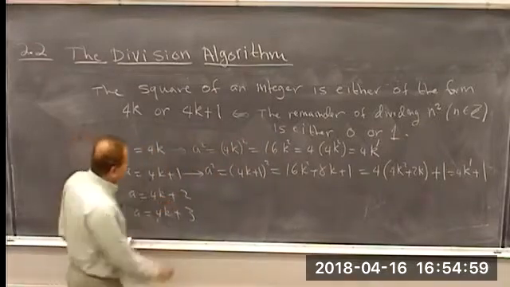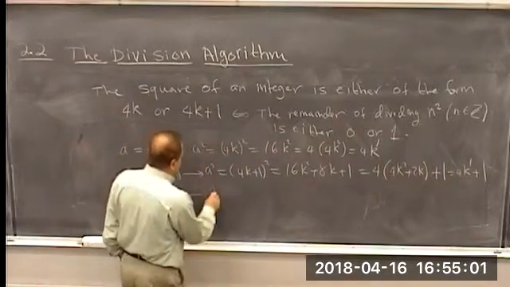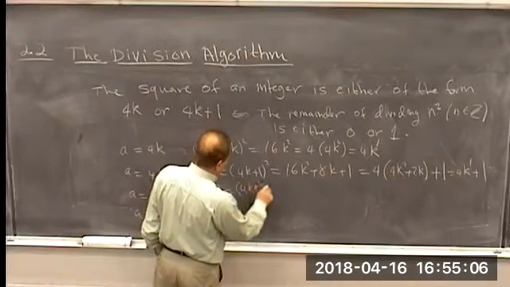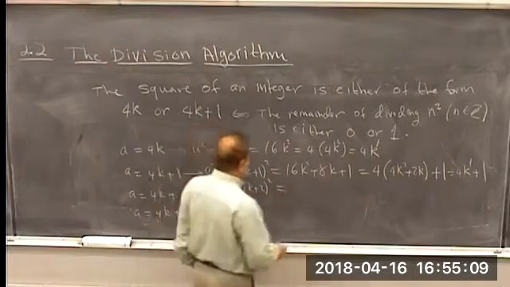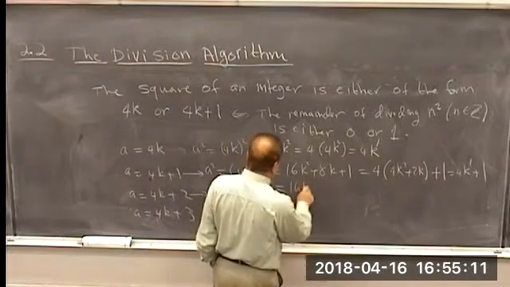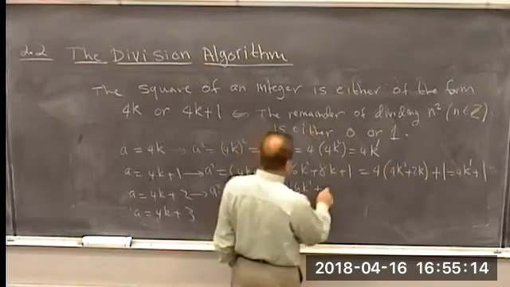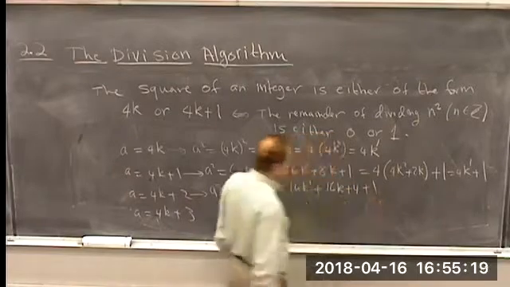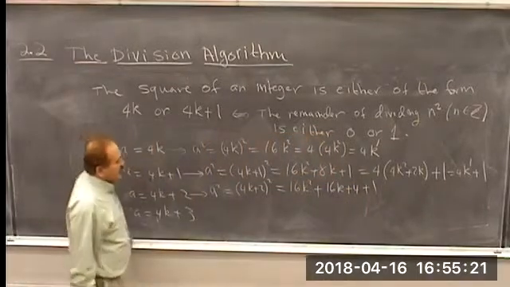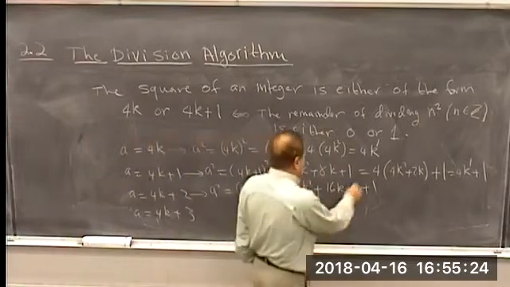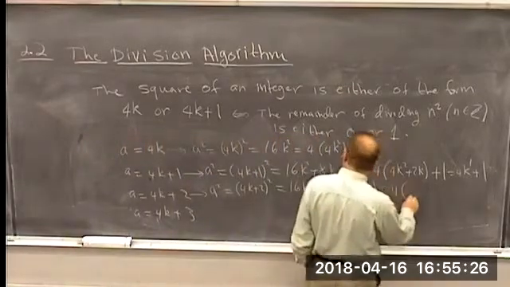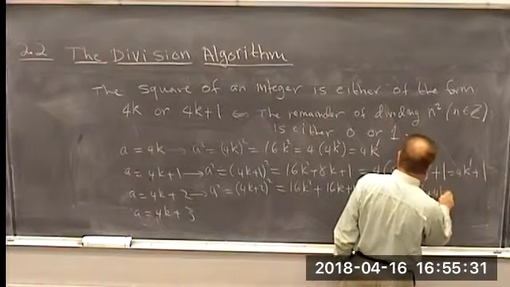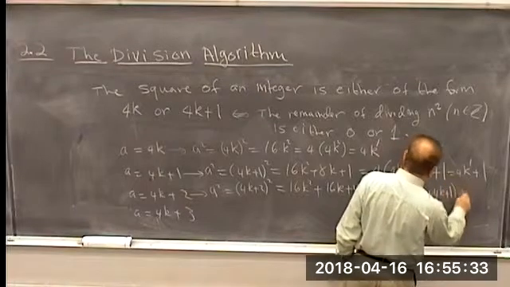When it is like this, let's see what it produces. (4k plus 2) squared is equal to, again, 16k squared plus 16k plus 4 plus 1. This time, again, I can factor a 4 from the first three terms: 4(4k squared plus 4k plus 1) plus 1.